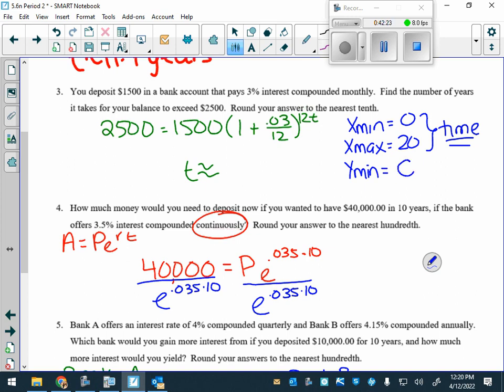Lowest dollar amount you could have is 0, hopefully. Y-max, looking at these two values, your initial and your ending, this is smaller than this, right? So we know it's increasing. So if we just put in 2,500, we are going to see a horizontal line at the top, right? If we keep it as Y max at 2,500, which you can, okay?